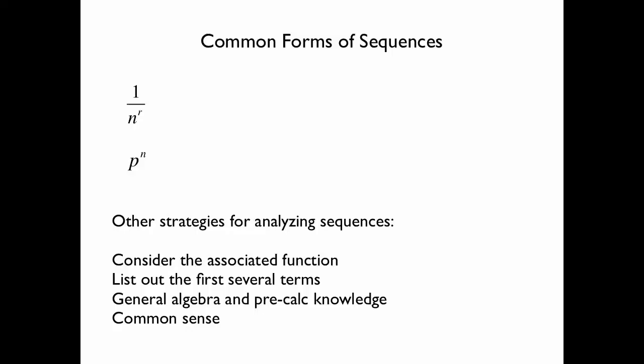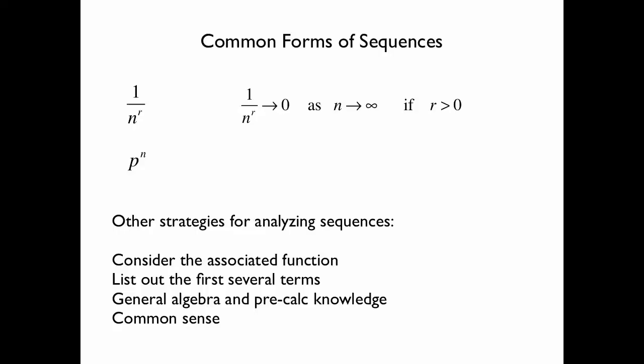A sequence that's 1 over n to the r. This is another way to express a limit. By saying the limit as n goes to infinity of 1 over n to the r equals 0, you could also say 1 over n to the r approaches 0 as n approaches infinity, but that's only if r is greater than 0.